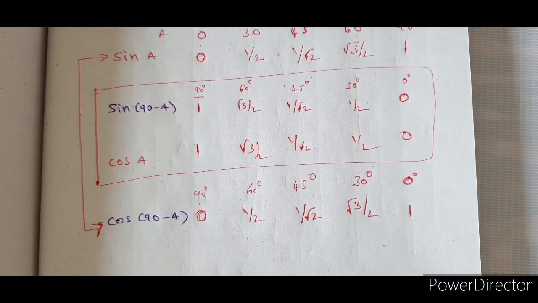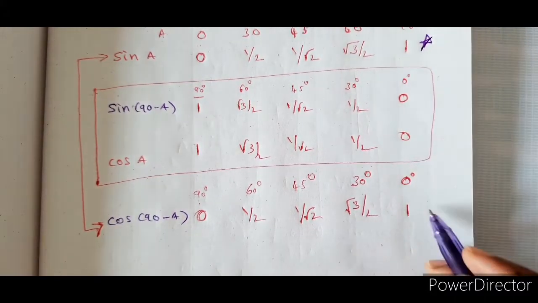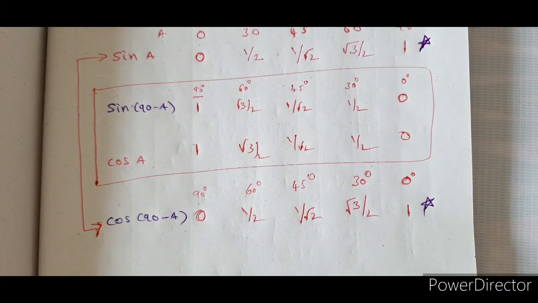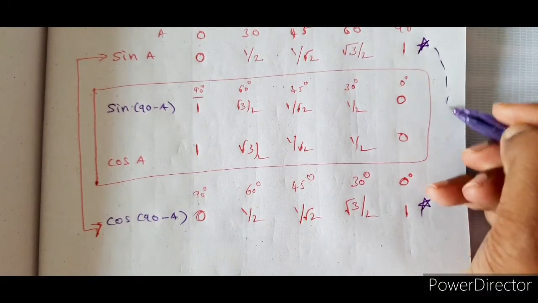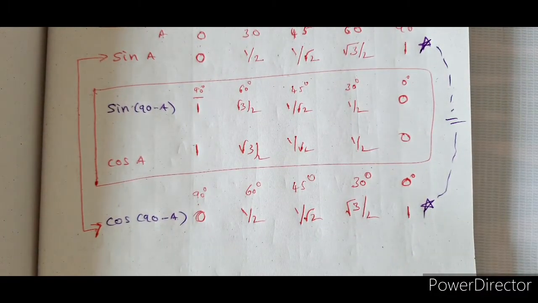These values are matching with sine A. So therefore you can say without any doubt, for any value of the angle, sine A is equal to cos of 90 minus A, undoubtedly. Clear? Verification is right?